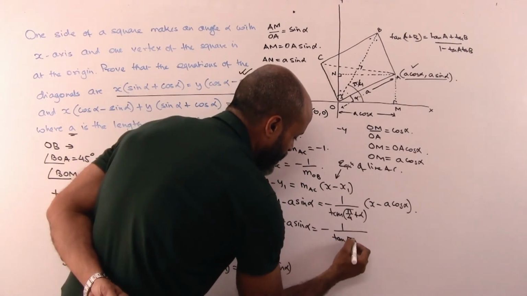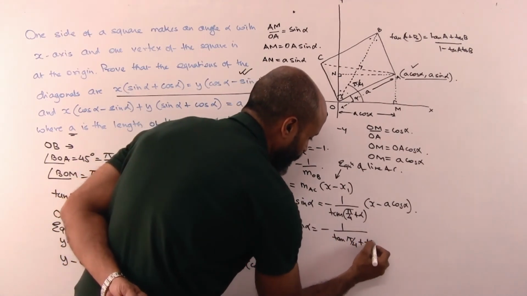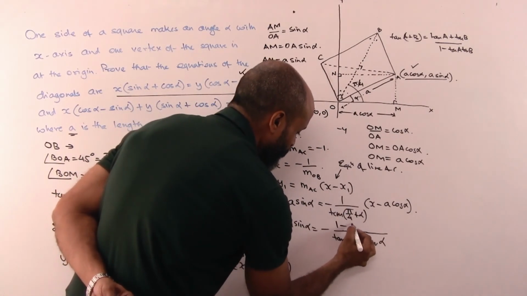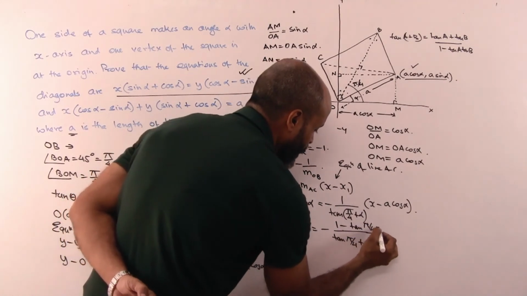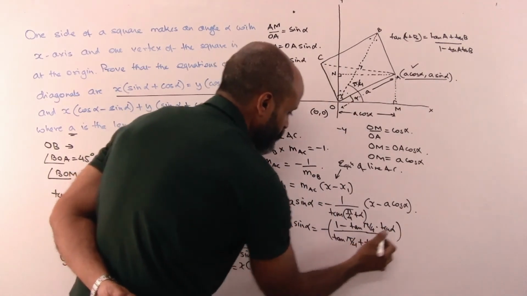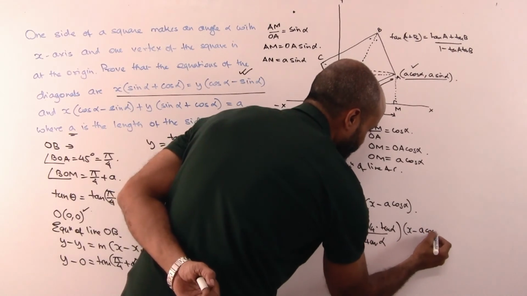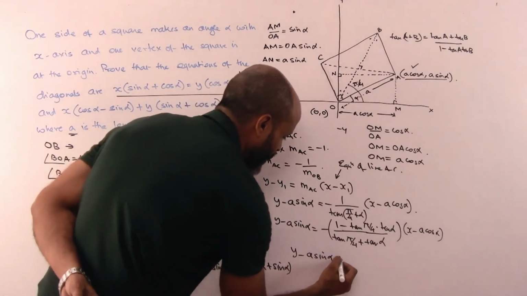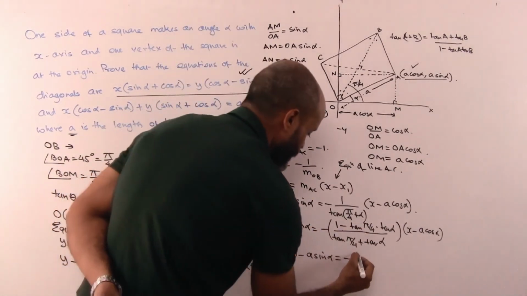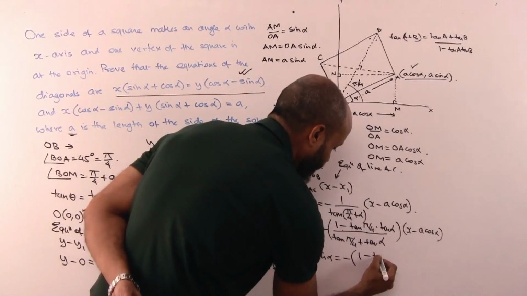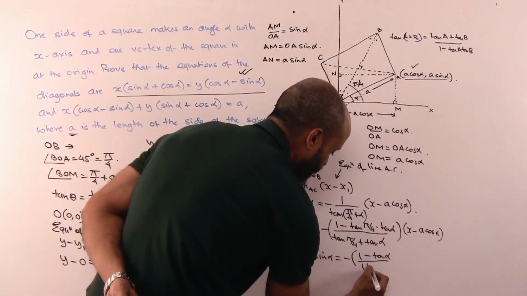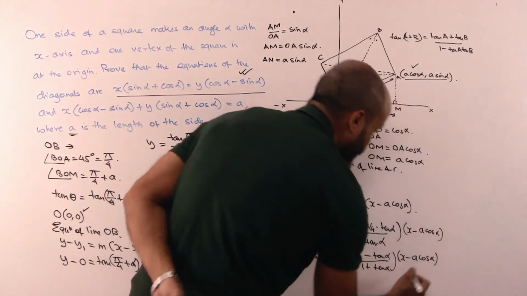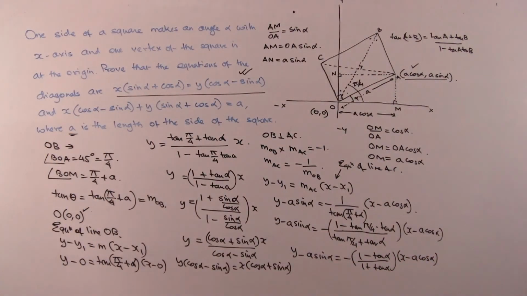This will be tan pi by 4 plus tan alpha, upon 1 minus tan pi by 4 into tan alpha, into x minus a cos alpha. So in this case it will be y minus a sin alpha is equal to minus (1 minus tan alpha) upon (1 plus tan alpha) into x minus a cos alpha.